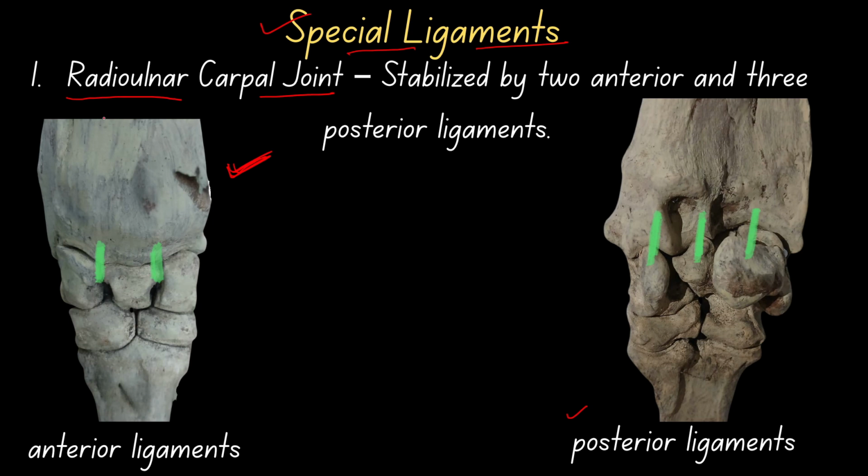The radioulnar carpal joint is stabilized by 2 anterior and 3 posterior ligaments. These 2 are the anterior ligaments and these 3 are the posterior ligaments.